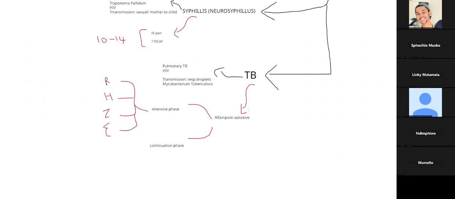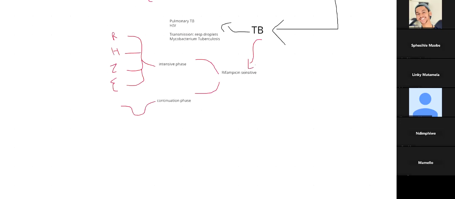So the R is rifampicin, the H is for isoniazid or INH.